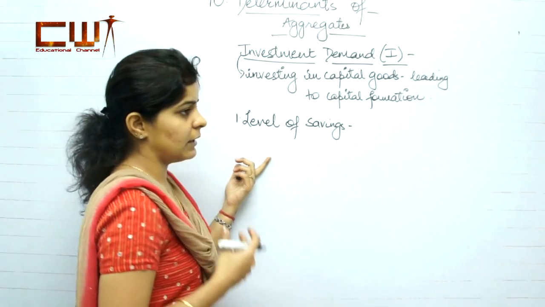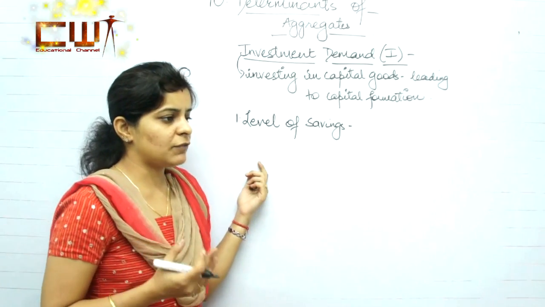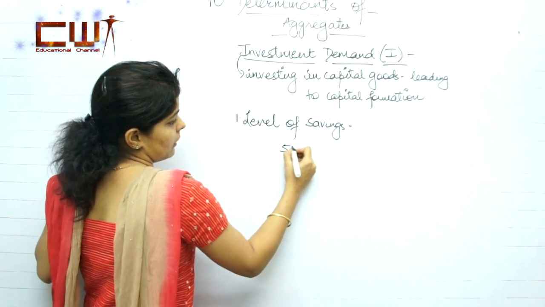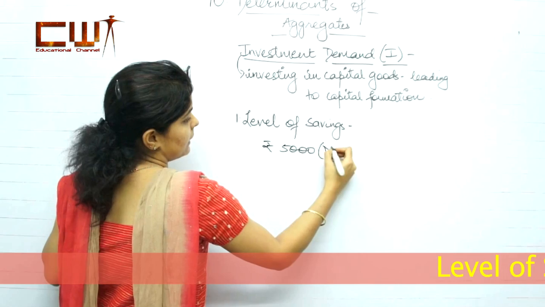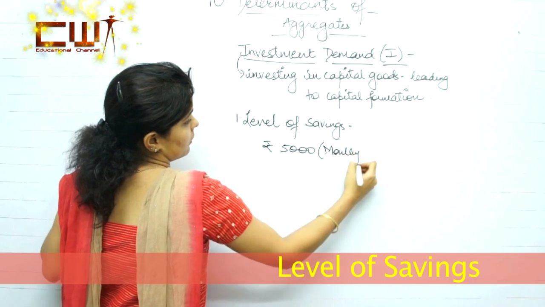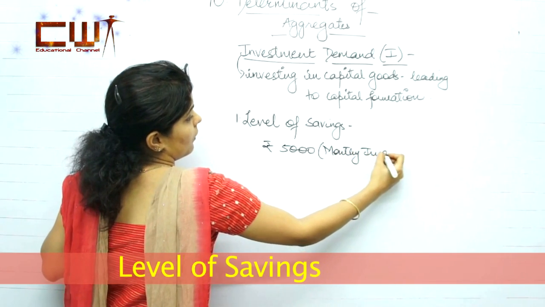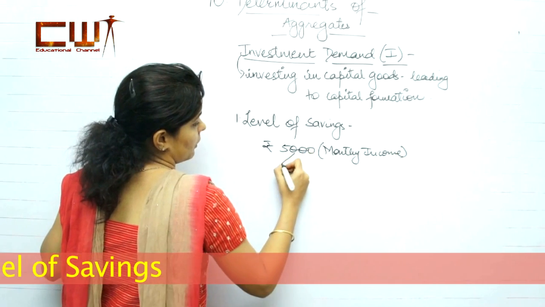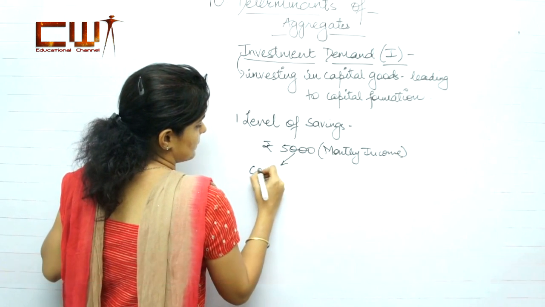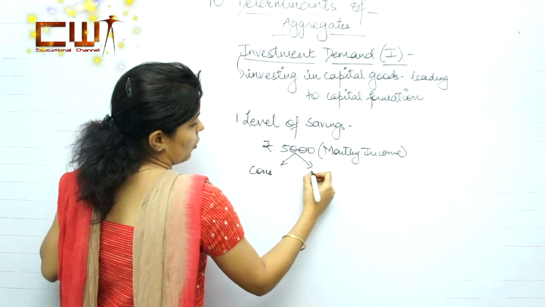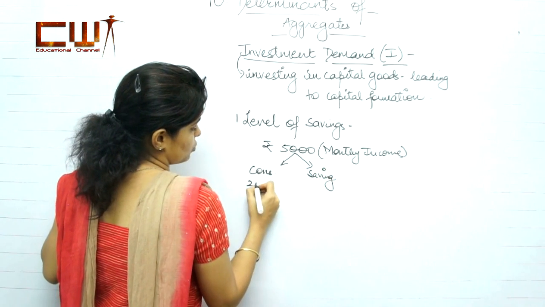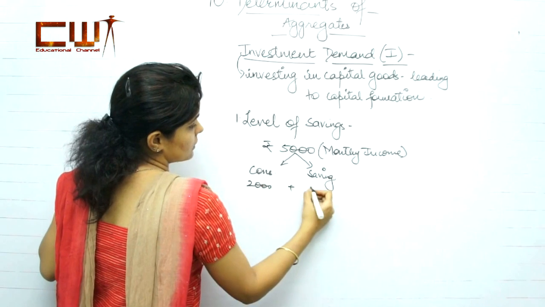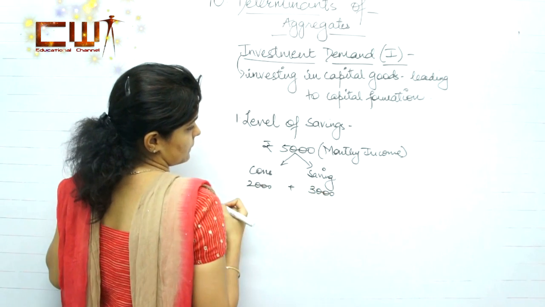Suppose you are earning 5,000 rupees, a monthly income of 5,000 rupees. Either you are consuming or you are saving. Your consumption is 2,000 and your savings are 3,000.